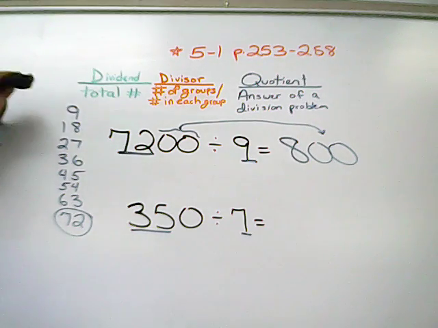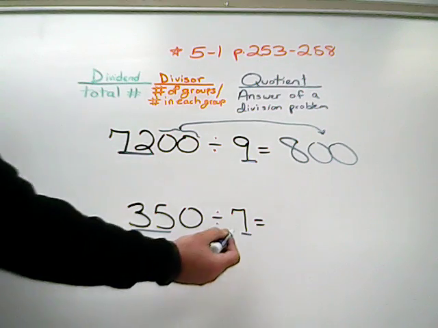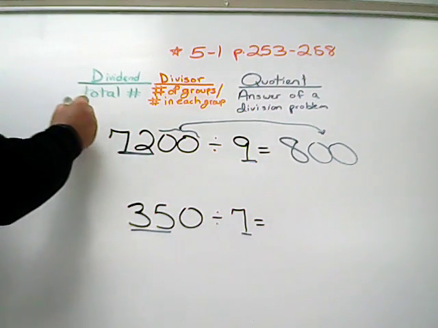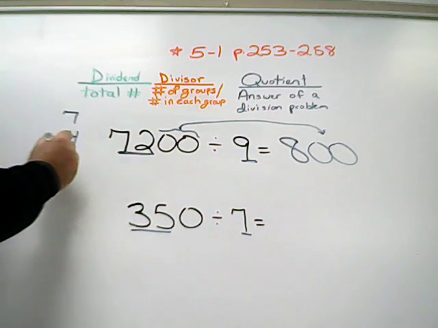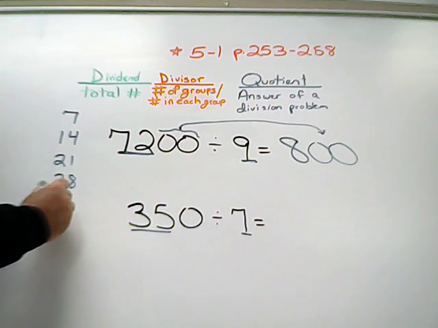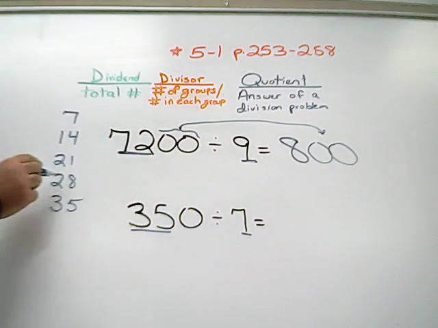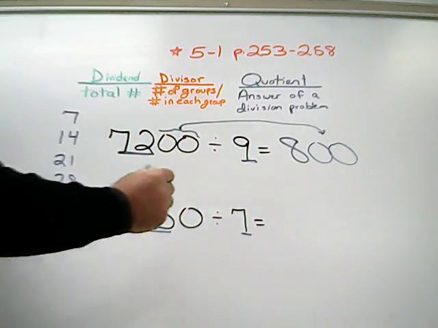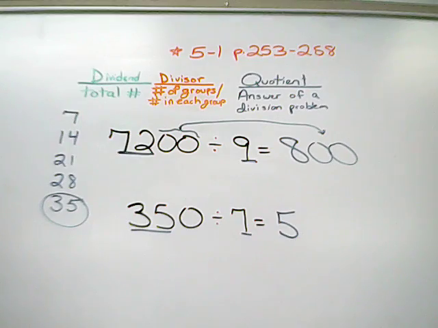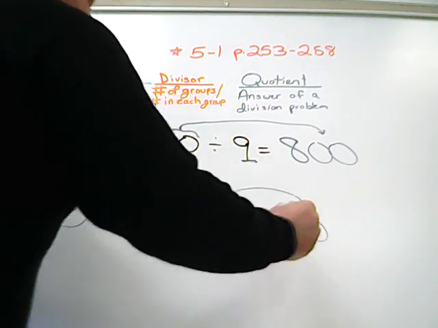Again, if you know your facts, you're probably ahead of the game here on me. If you don't, we can skip count by 7s until we hit our target number of 35. 7, 14, 21, 28, 35. It took me 1, 2, 3, 4, 5 times to hit my target number. So I'm going to put my 5 as part of my quotient and bring my 0 from my problem over.